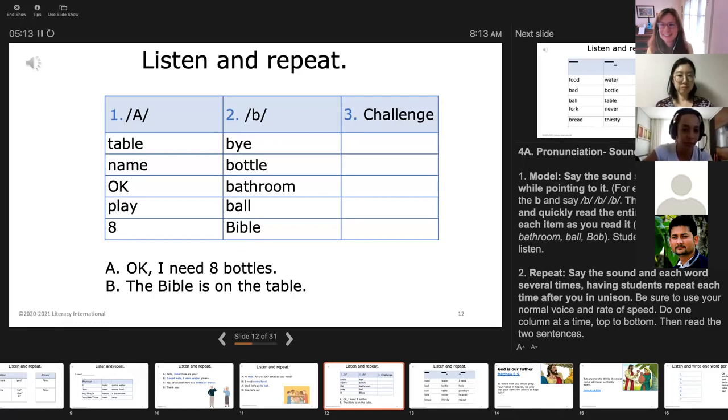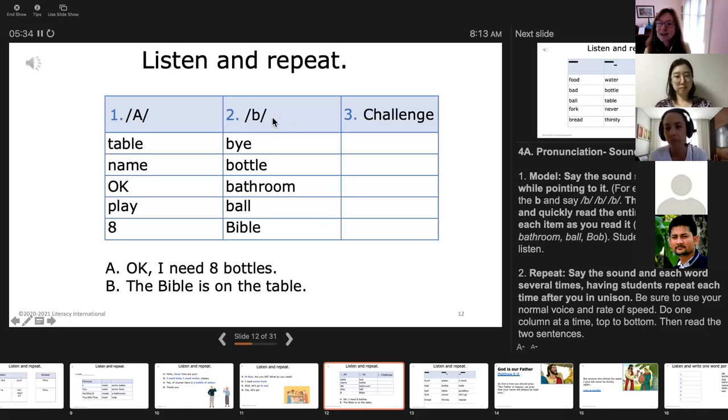Very good, very good. Now, we want people to try to say the sound without attaching a vowel to it. So we don't want them to think that the sound is buh, but it's just the B sound.